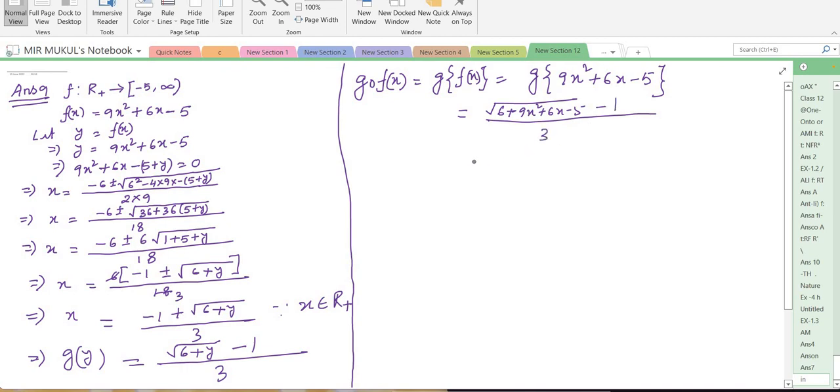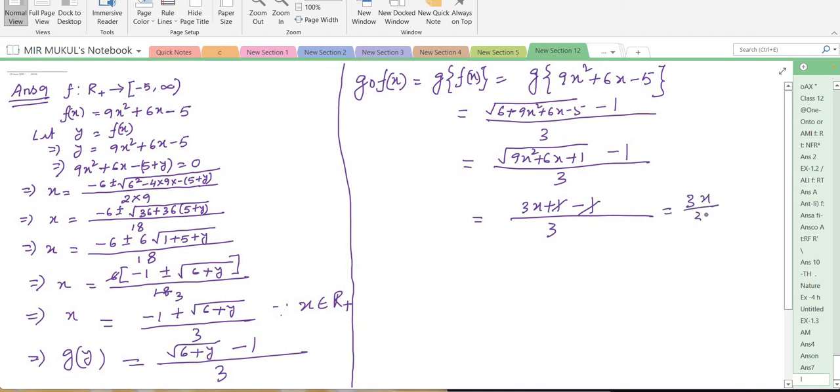Here 6 plus that, minus 1, upon 3. So definitely it will be a perfect square number. This is 9x square plus 6x plus 1, and this is (3x plus 1) whole square. So it is 3x plus 1 minus 1 upon 3. So 1 and 1 cancel. So 3x upon 3 we are getting, cut it. Then x we are getting, that is I x. So identity we got. Then f o g of y.